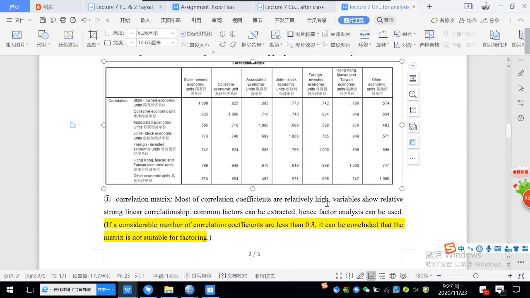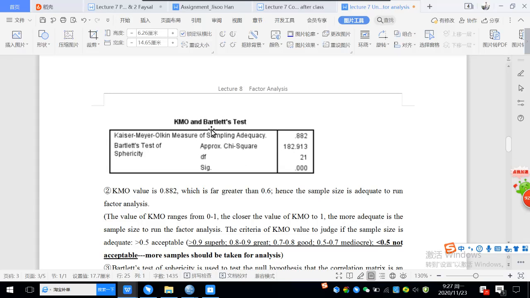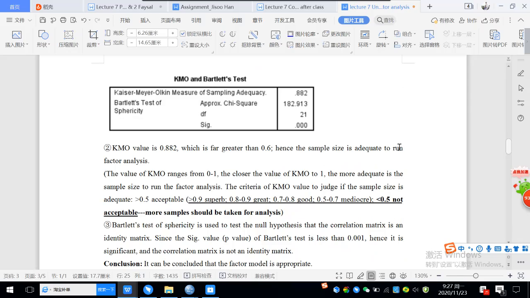Next, let's look at the KMO and Bartlett test. First, let's look at the KMO. KMO is to analyze if the sample size is adequate to run the factor analysis.